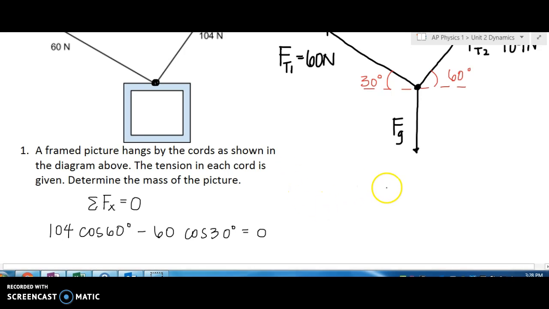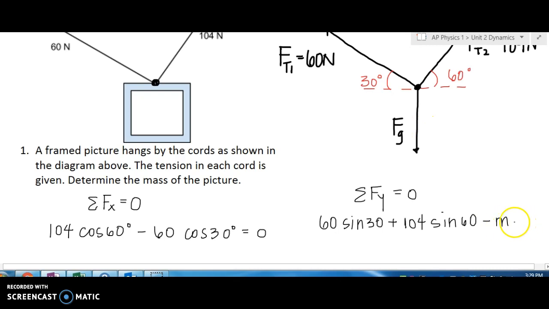Alright, then if I sum all the forces in the y direction, they should also be balanced, and so there's a 60 newton force component, sine 30, plus a 104 sine 60, minus the weight, which is equal to the mass of the object times the gravitational field.